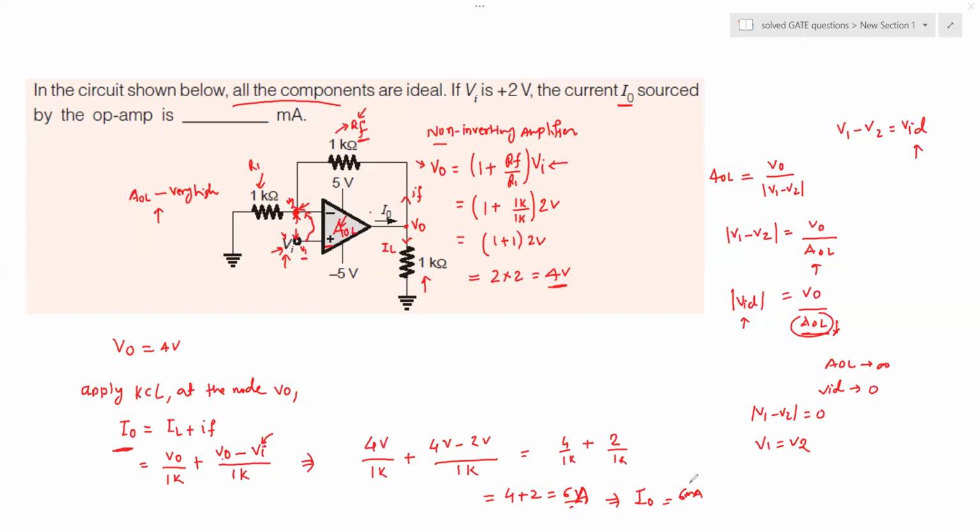So 6 milliampere is the output current. That's the answer.